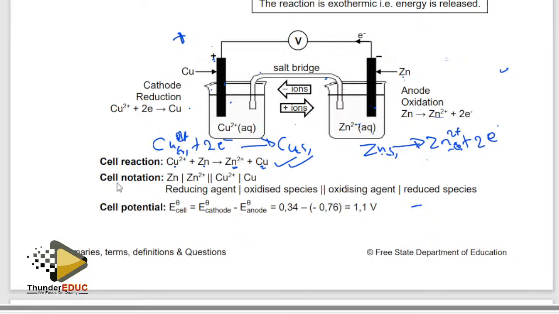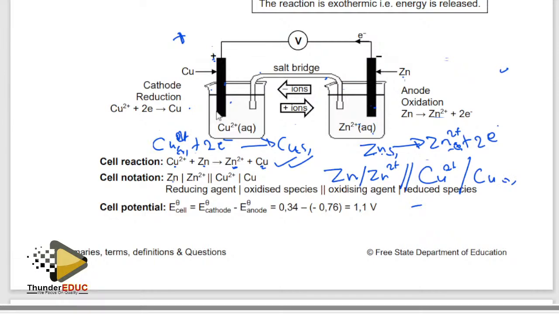Then the cell notation: you start from the anode and then you go to the cathode. So it means it's going to be zinc, zinc 2 ions, salt bridge. Then you write copper 2 ions, and then slash copper. So that is the cell notation, you see.